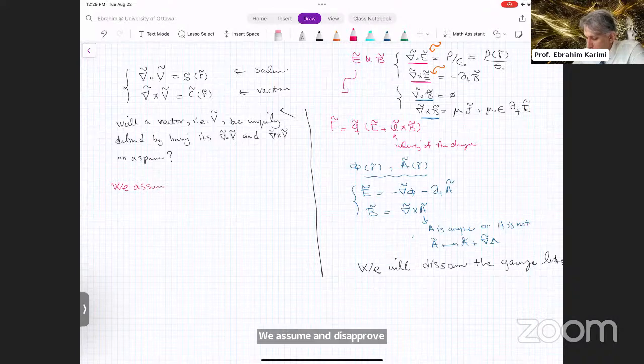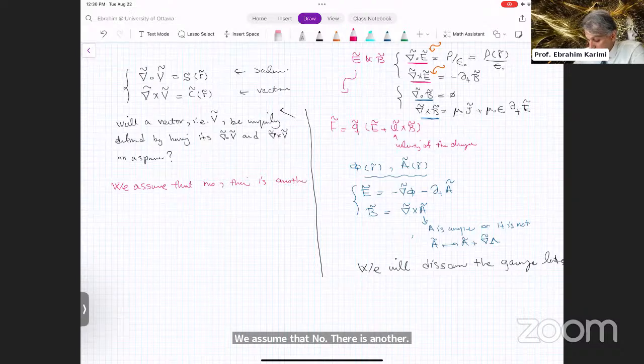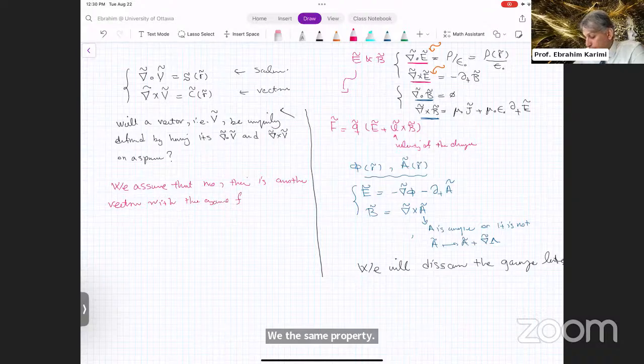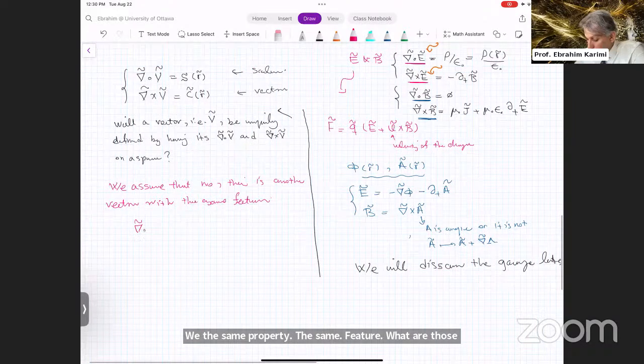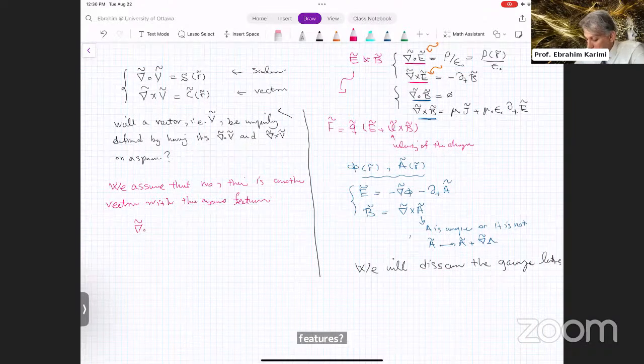We assume, and that's the proof, that no, there is another vector with the same property, the same features. What are those features? I call it the vector V prime.